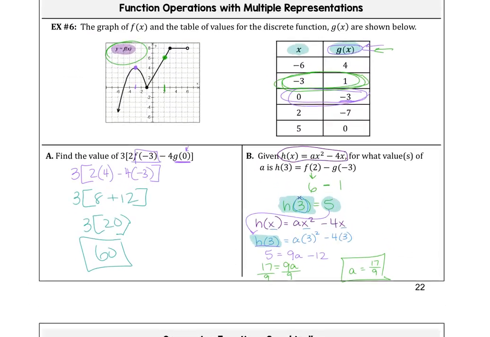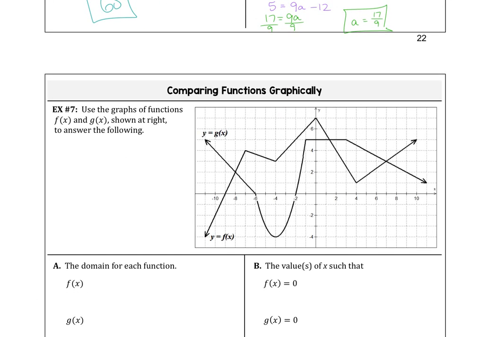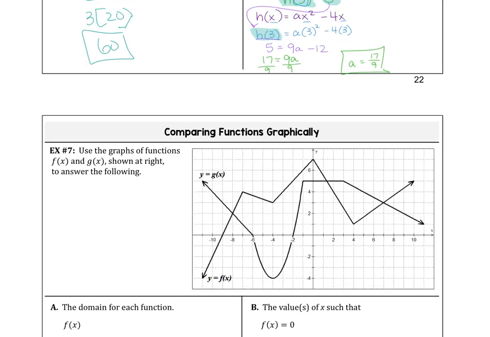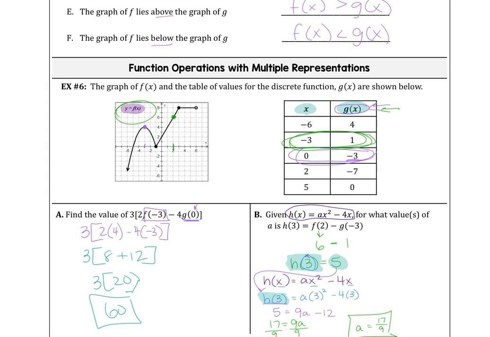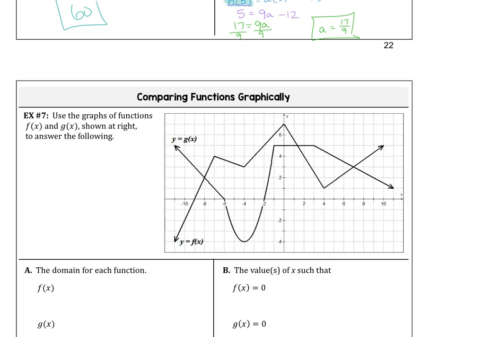Continuing with comparing things. Up here was comparing tables and a graph. Down here, we're comparing two graphs in one coordinate plane.